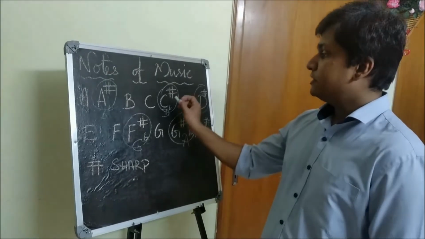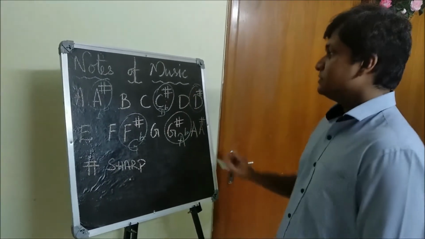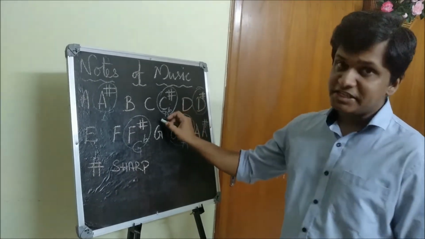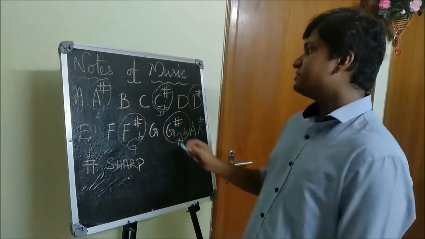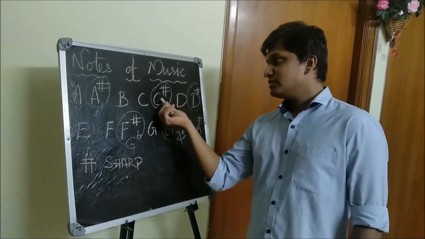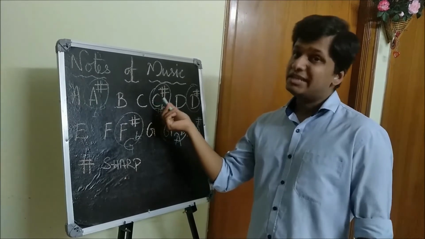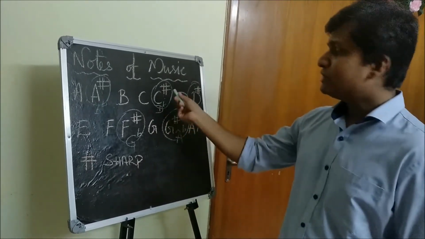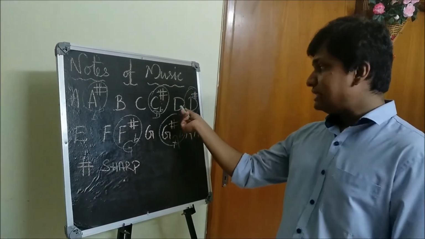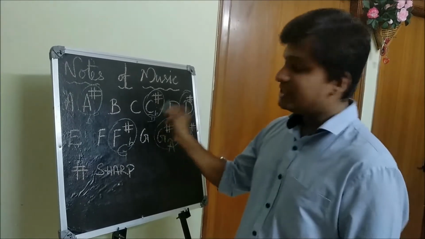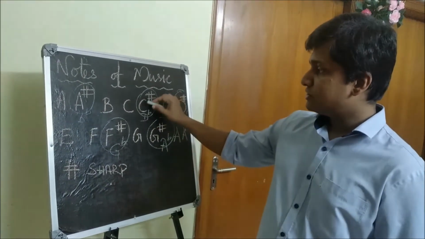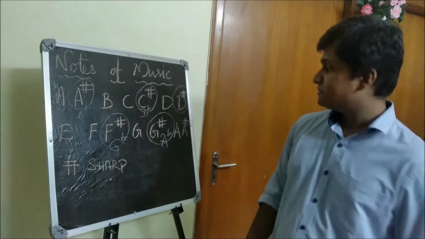Similarly, C sharp can also be called D flat because this note is higher than C, hence we call it C sharp. But when you compare the pitch of the sound to D, it is lower, which is why we call it D flat. So this note is called C sharp or D flat.